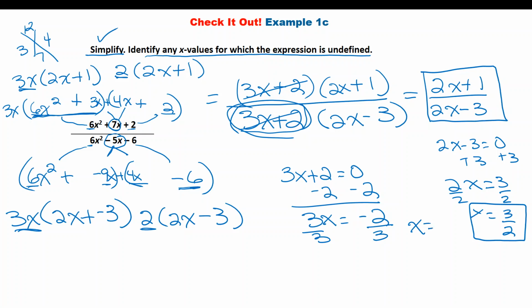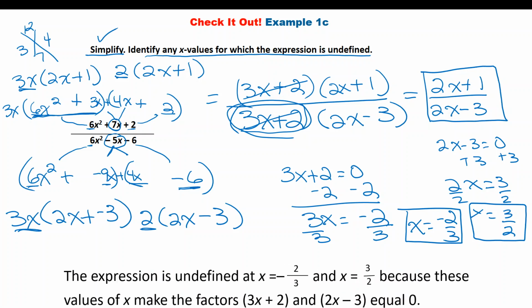So x equals negative 2 over 3 also. So what that tells us in the end is the expression is undefined at x equals negative 2/3 and at x equals 3 over 2, because these values of x make the factors 3x plus 2 and 2x minus 3 equal to 0.